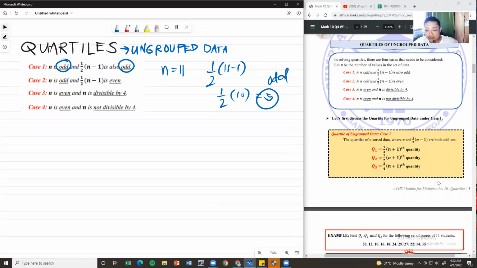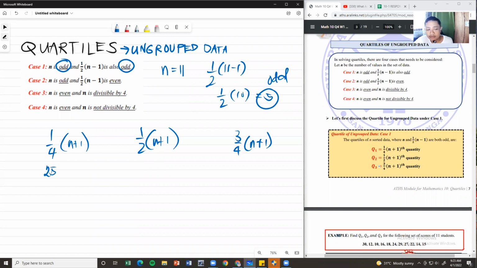We can do this process, the formula, that is 1/4 of n plus 1, 1/2 of n plus 1, and 3/4 of n plus 1. So 1/4, of course, this is 25%.